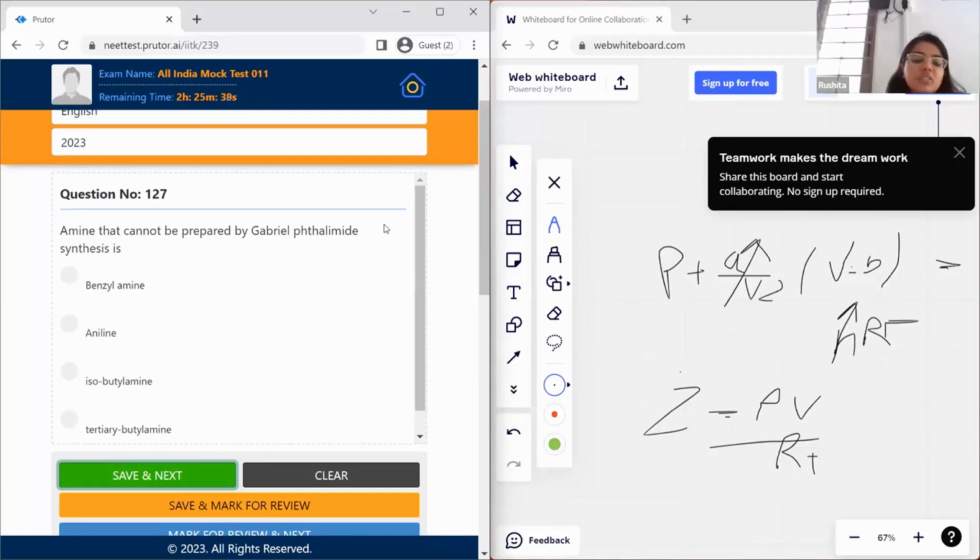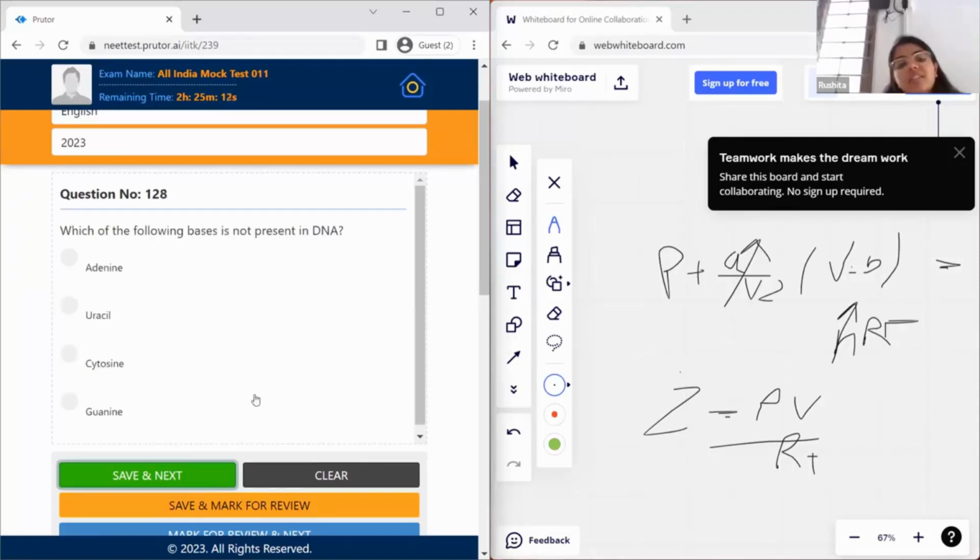So anything which is a ring cannot be prepared by it. Aromatic amines cannot be prepared by the Gabriel phthalimide method. This is given in NCERT. So out of all this, only aniline is an aromatic substance. Benzylamine, isobutylamine, tertiary butylamine are all straight chain structures, so they can be prepared. Aniline is an aromatic structure, so it won't be prepared by the Gabriel phthalimide method.